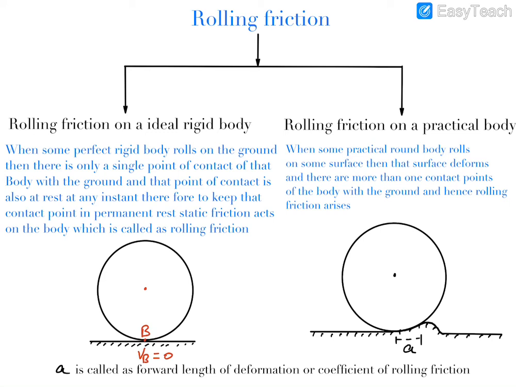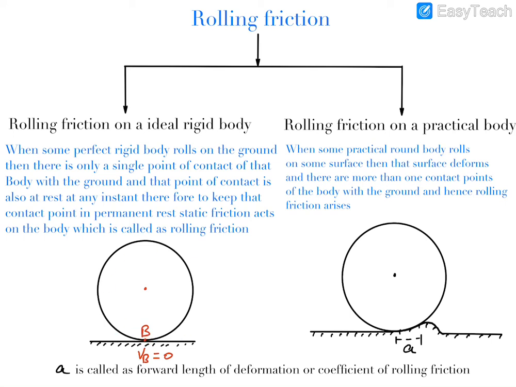As we already know, when there is no slipping between any two surfaces, the friction acting between them is static friction. So in this case also, if this body is rolling purely, the velocity of this point B is zero, and therefore there is no slipping between this body and this surface.